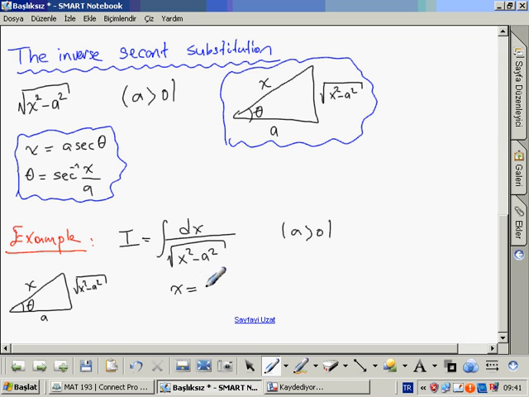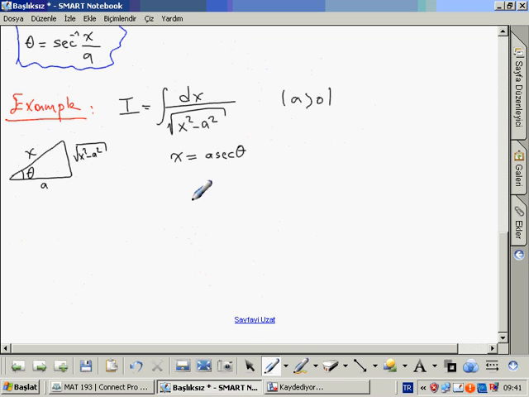So x equals a secant theta, and dx equals a times secant theta tangent theta d theta.